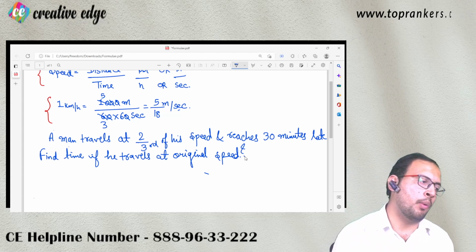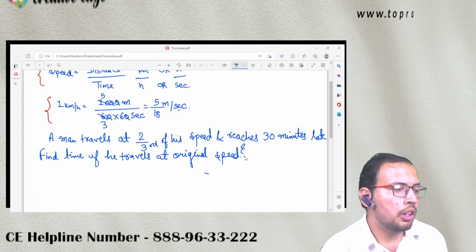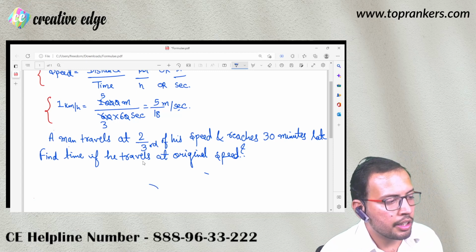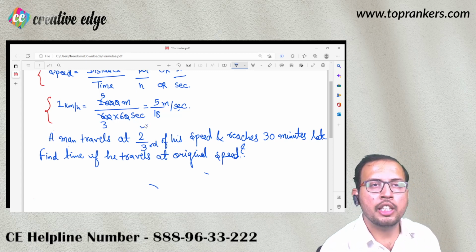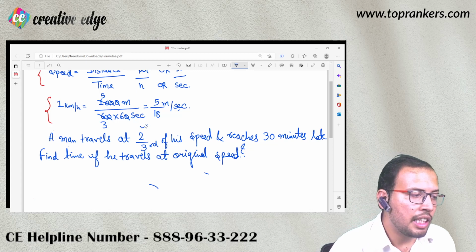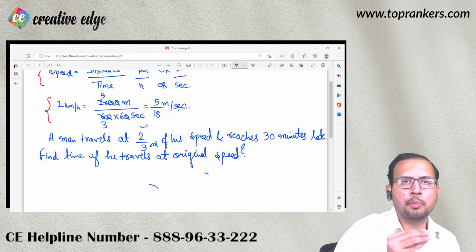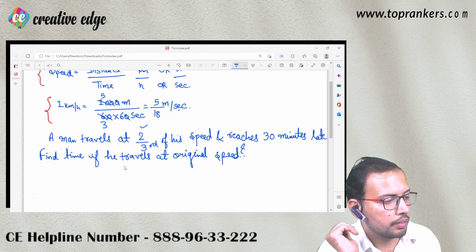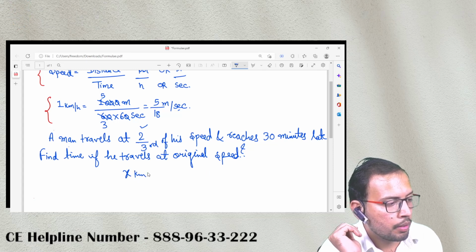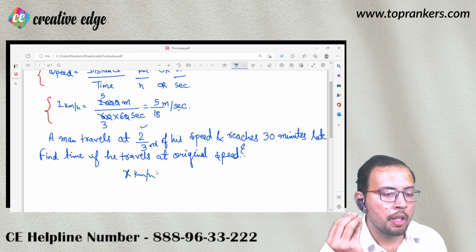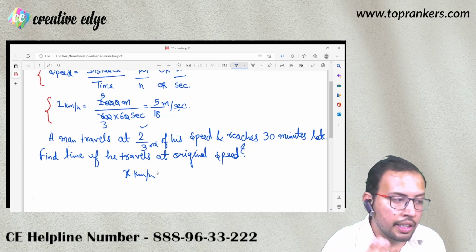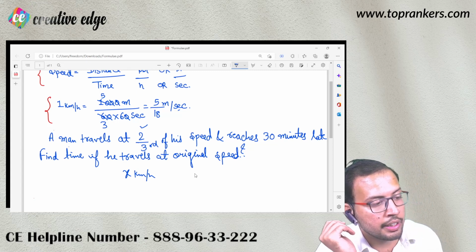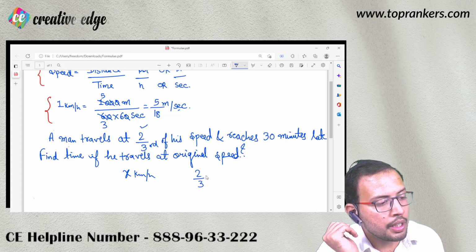तो यहाँ पर क्या बोला गया है? A man travels 2/3 of his speed. Now we will be understanding the significance of 2/3 here as well. So what exactly is happening is that if his speed is, let us say, x kilometer per hour, so instead of traveling at x kilometer per hour, that person is traveling at 2/3 x kilometer per hour. ठीक है.